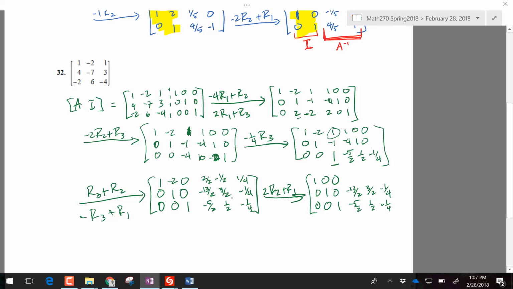Now I got to multiply 2 times these fractions and then add it to that. So 2, that's 26, negative 26 minus 7, negative 19 over 2 times 2, 5 over 2 is the answer. 5 halves, and then negative what?